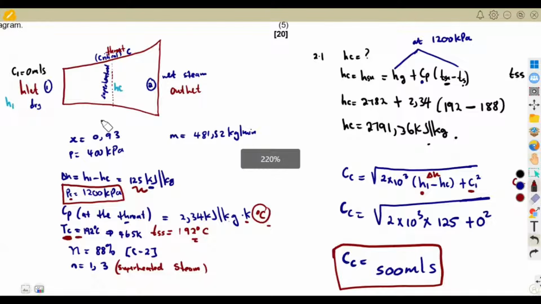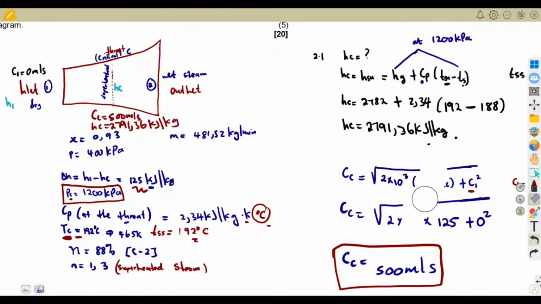So let me just write it because I need that space there, guys. We've got the velocity at the throat. We said it's 500 meters per second. We also have HC, which is 2791,36 kilojoules per kilogram. All right, so these ones, we have them.